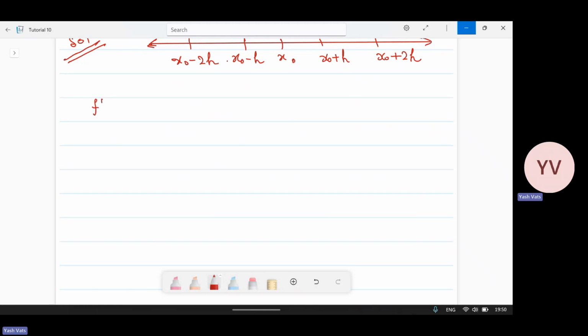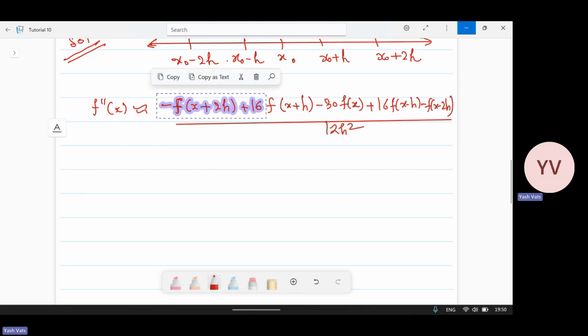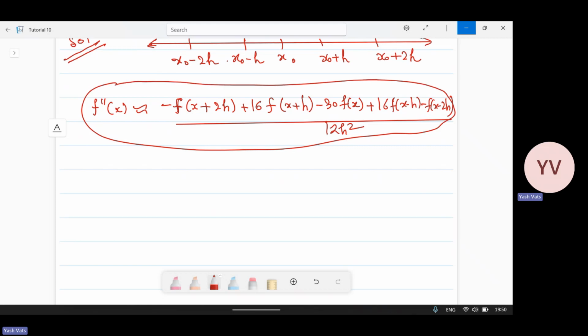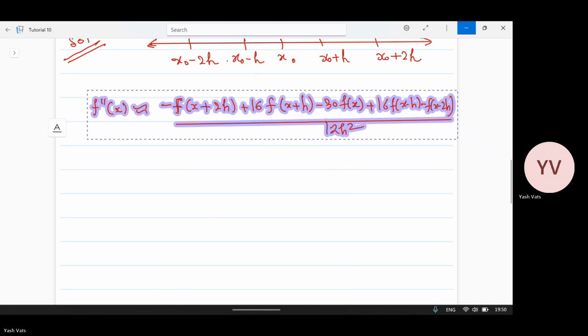The formula is f double dash x is approximated by minus f(x naught plus 2h) and so on, divided by 12h square. Okay, I just make it smaller.